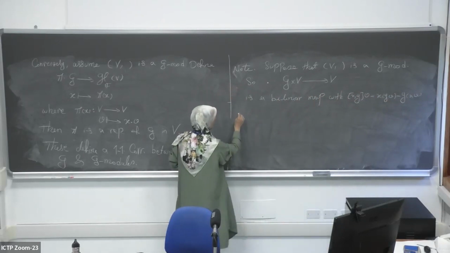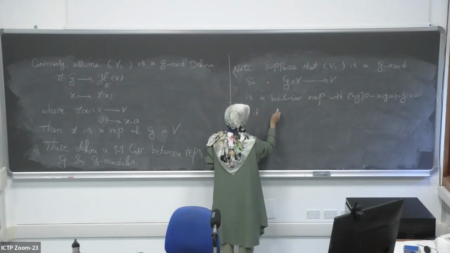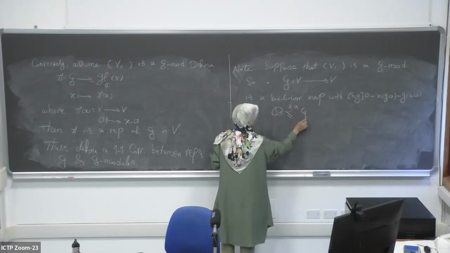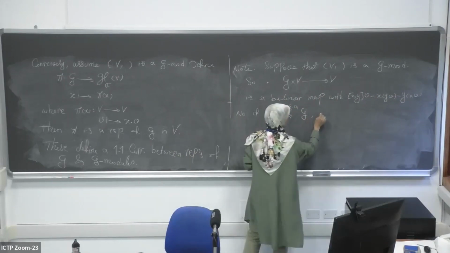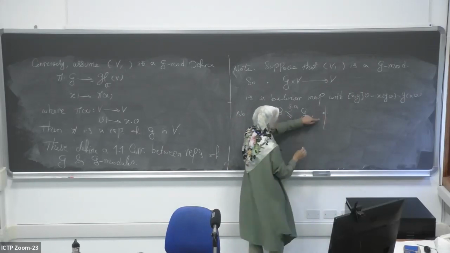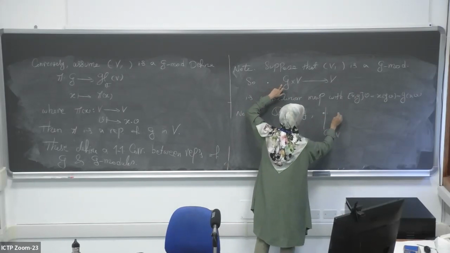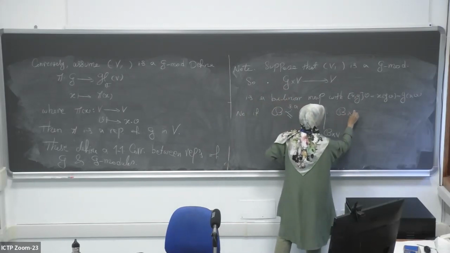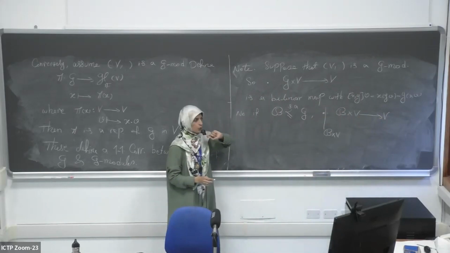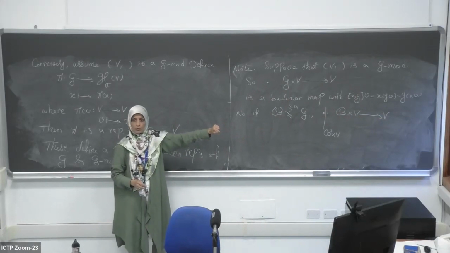Okay, now if B is a subalgebra of G, if we restrict this dot to B times B, we have a linear map from B times B to V, and this bilinear map defines a module.